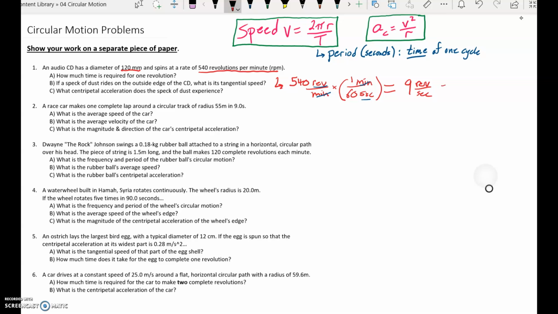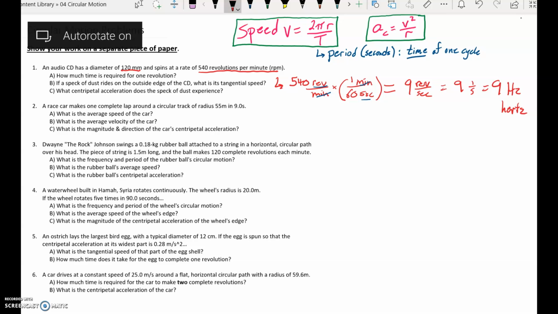So this really is 9 1/seconds. And that unit of 1/seconds we call hertz. Nine hertz. And hertz is going to be our unit for the quantity of frequency.